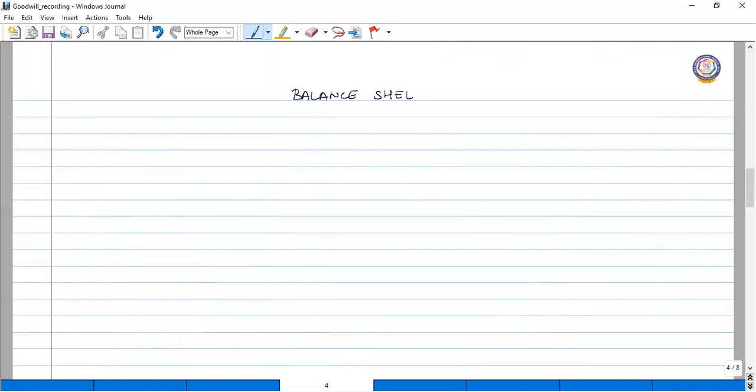Balance sheet of, here the name of this proprietor is Raghunath. So balance sheet of Raghunath as at, the date is not given, so leave it blank. Now coming to the balance sheet format.